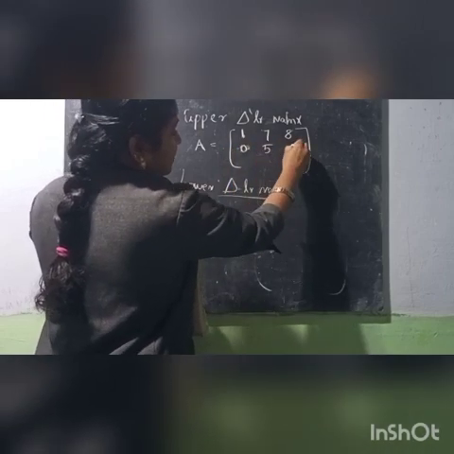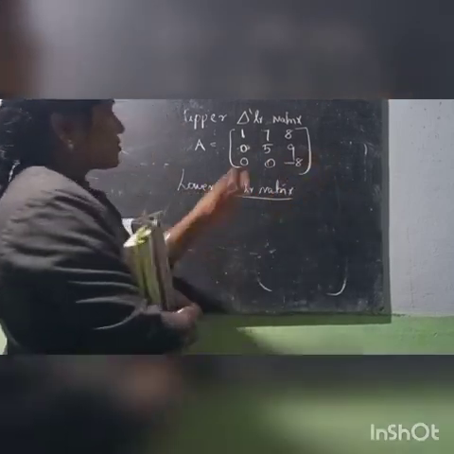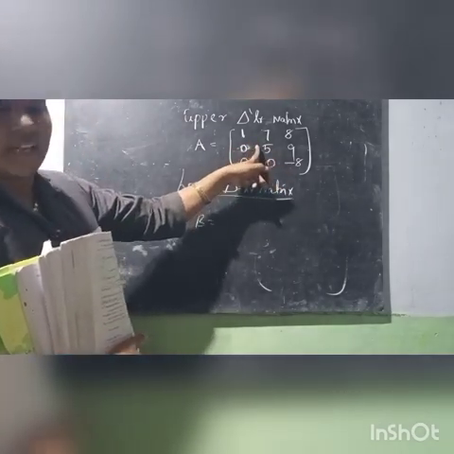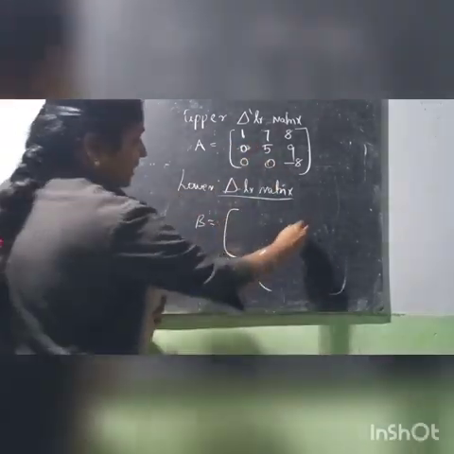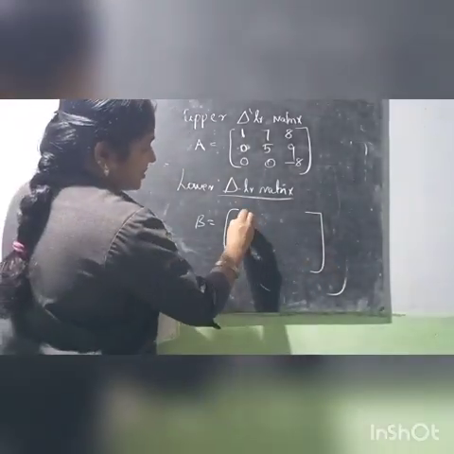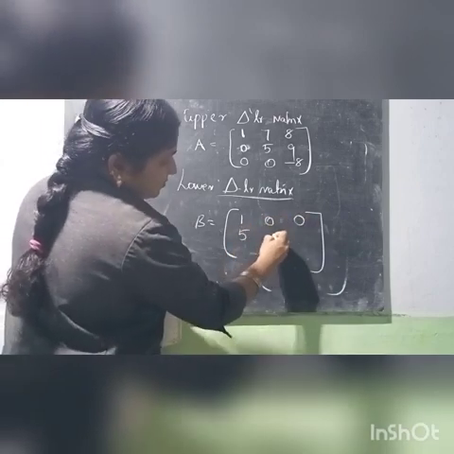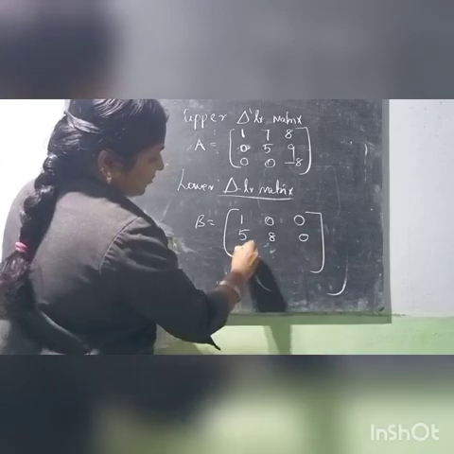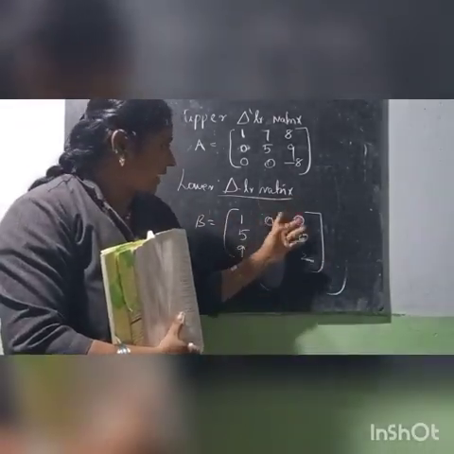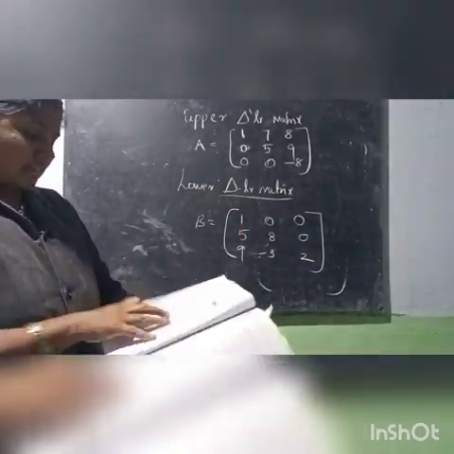Here 5, 9, and 0, 0, minus 8. That is called an upper triangular matrix. In a lower triangular matrix, above the leading diagonal the elements should be 0. The same way, 1, 0, 0, 5, 8, 0, 9, minus 3, 2. So above the diagonal are 0. So this is called a lower triangular matrix.